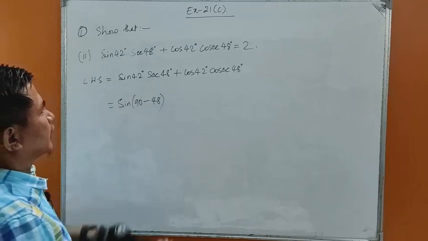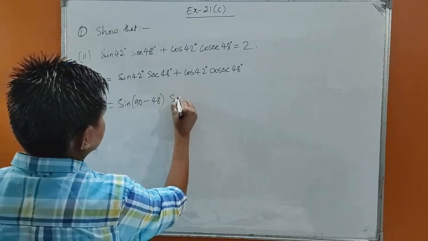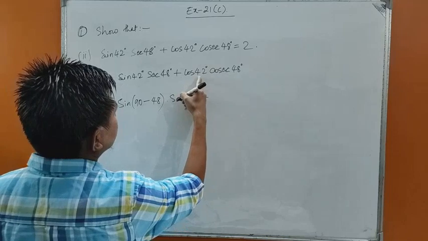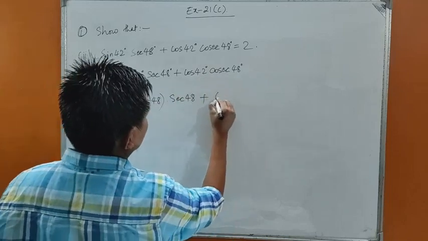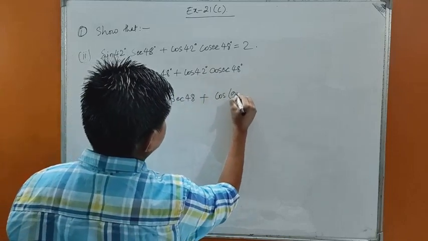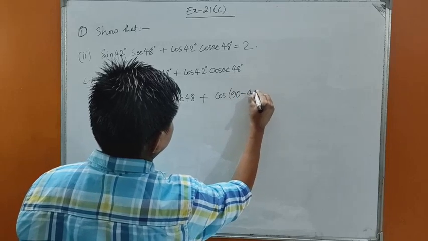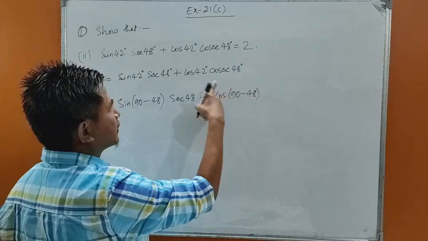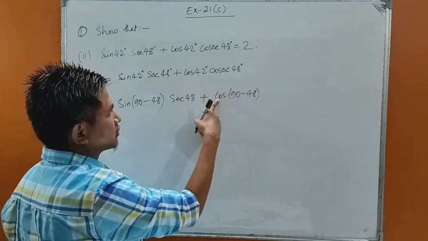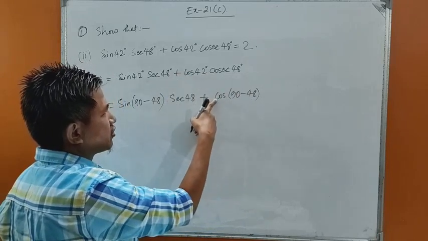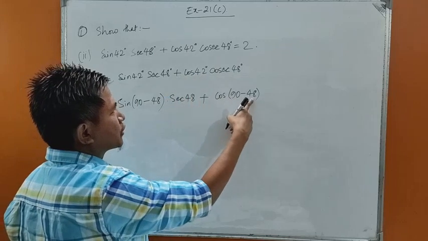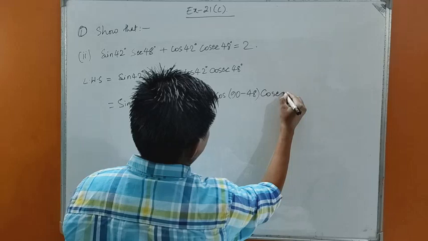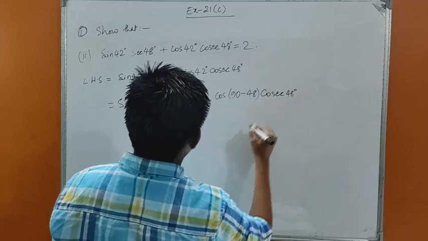So sec 48 I copy as it is, sec 48, plus cos 42 means cos 90 minus 48. 90 minus 48 is 42. So this cos is cos, and 42 means 90 minus 48. So this is cosec 48, I copy as it is, cosec 48 degree.